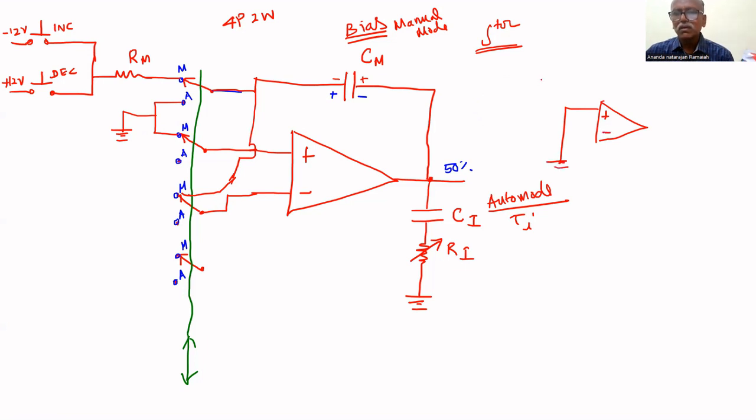This negative terminal, this is resistor Rm and one capacitor Cm. This is inverting. The plus 12 or minus 12 will be connected to increment this output. Output can be varied. This is in manual.